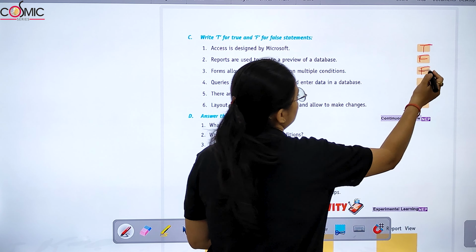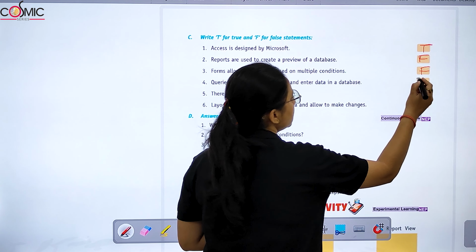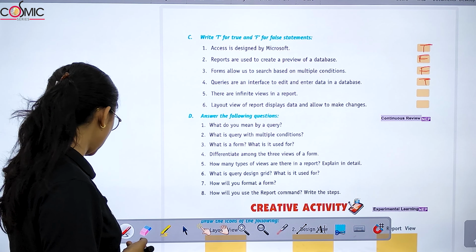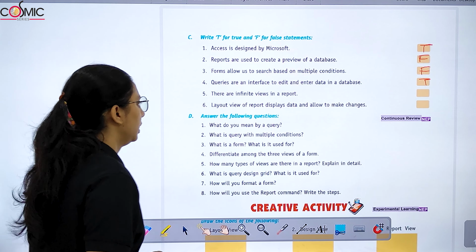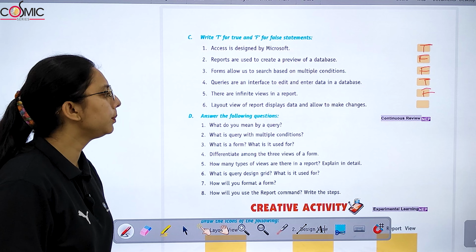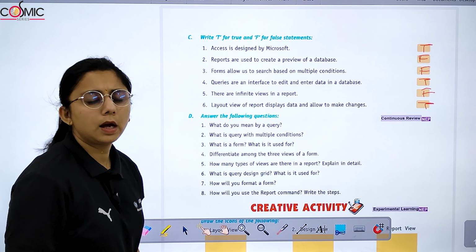False. Queries are an interface to edit and enter data in a database. It's true. There are infinite views in our report. बहुत सारे infinite view हैं. False. 3 view हैं. Layout view of the report display data and allowed to make changes. It's true.